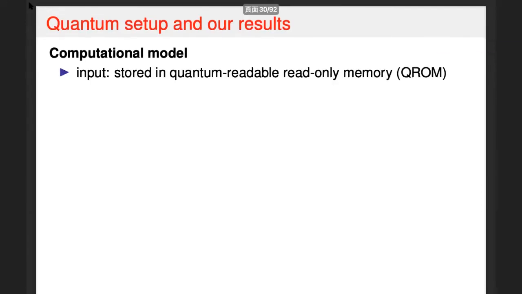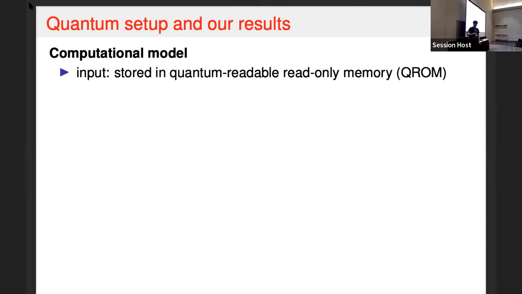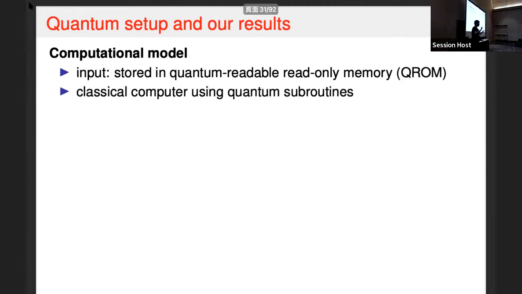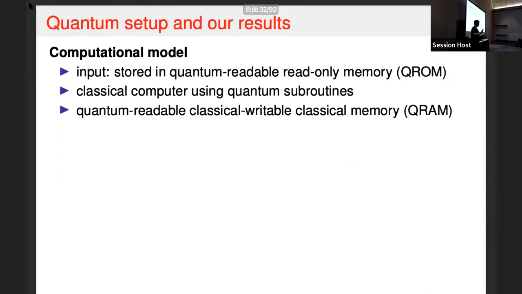In our model, we assume that the input is all stored in quantum readable read-only classical memory, that is QROM. And we are allowed to use a classical computer, of course, and it can run some quantum subroutines like maxima finding or amplitude estimation. Here we would also use a specific data structure called quantum readable classical writable classical memory, that is QRAM.